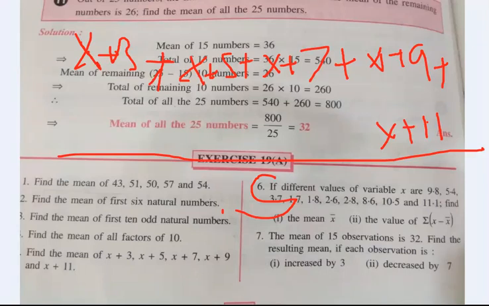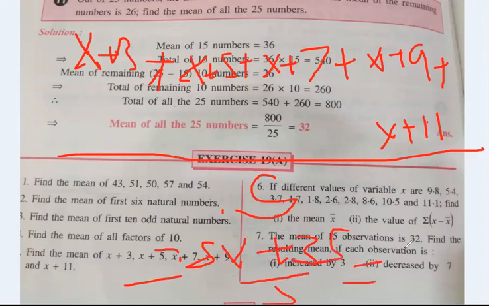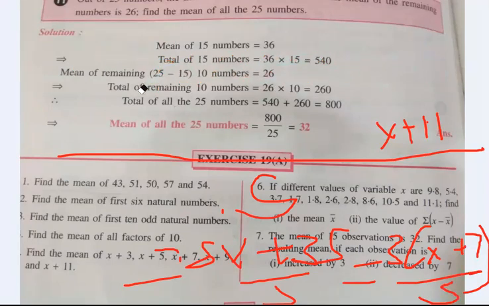But they have given only 5 terms in the question, so you need to divide by 5 only. So let's do this sum. Mean is equal to 5x plus 35 by 5, which is equal to x plus 7. That is the answer.